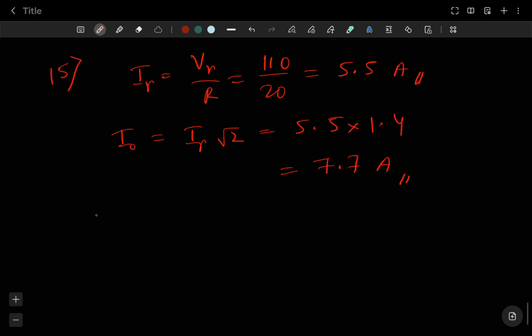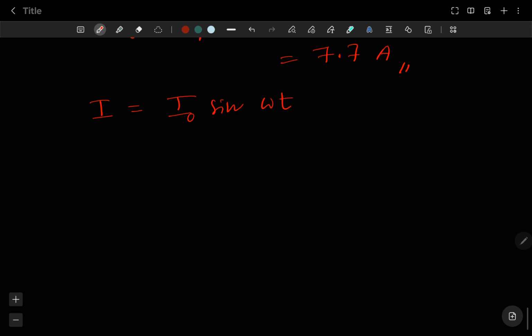And we know I is I0 sine omega t. The frequency is given as 50 Hz, so omega will be 2 pi f, that is 2 pi into 50, 100 pi. Now say at time t, the current becomes equal to the RMS value.